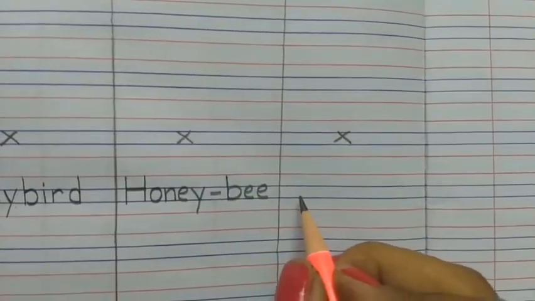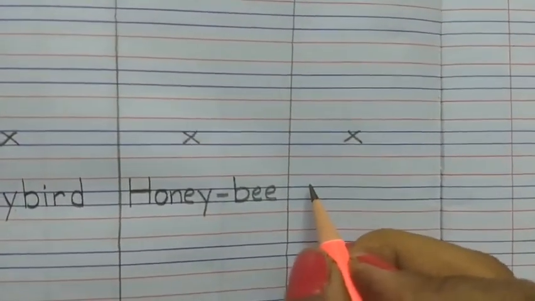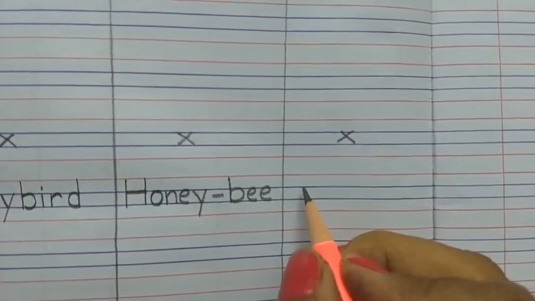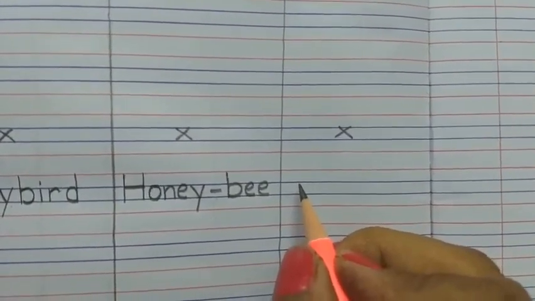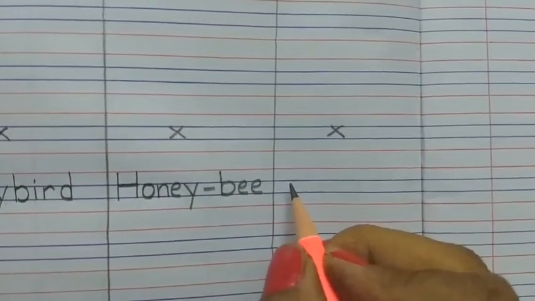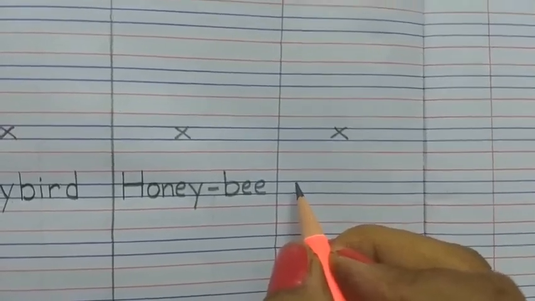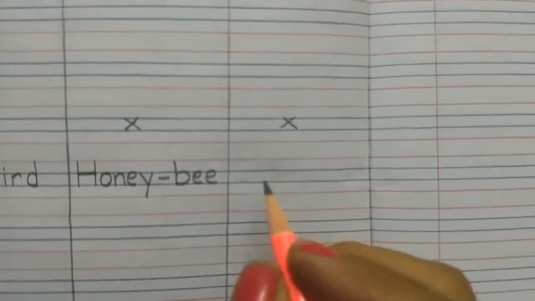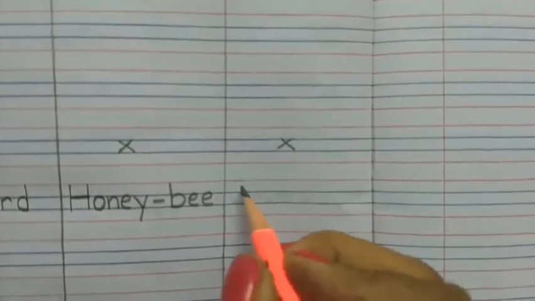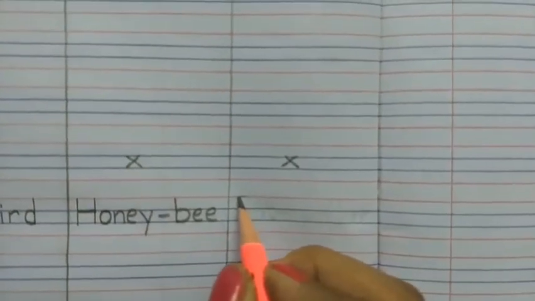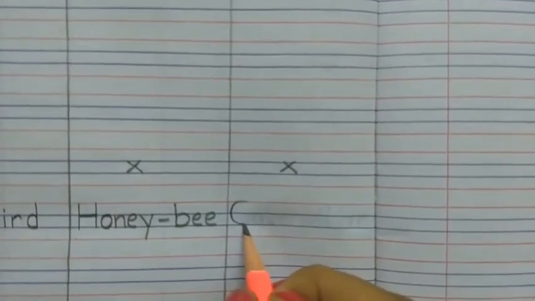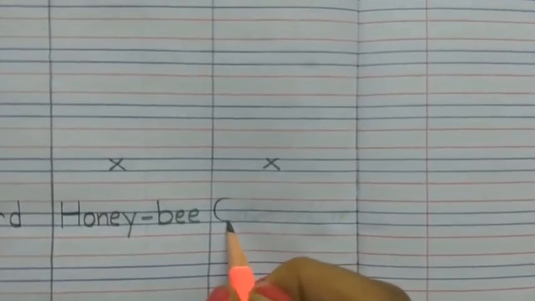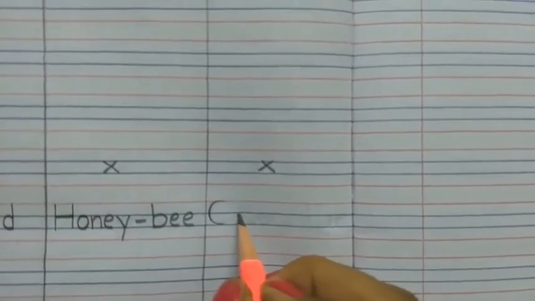Now next, caterpillar. C-A-T-E-R-P-I-L-L-A-R. Caterpillar. So the first alphabet will be capital C. So from the red line to the second blue line, C. Then small a.